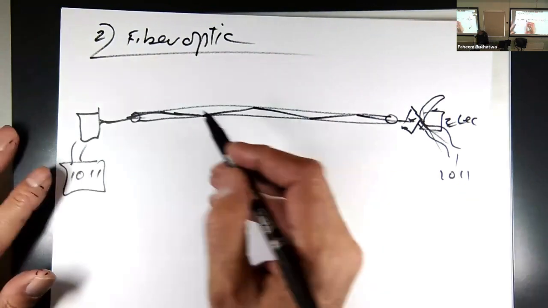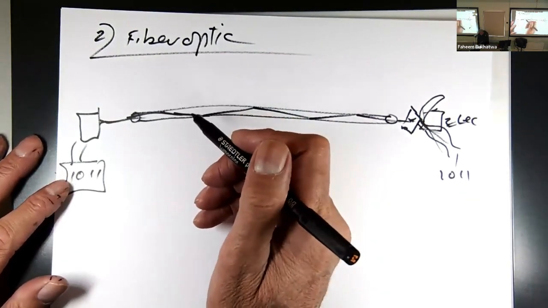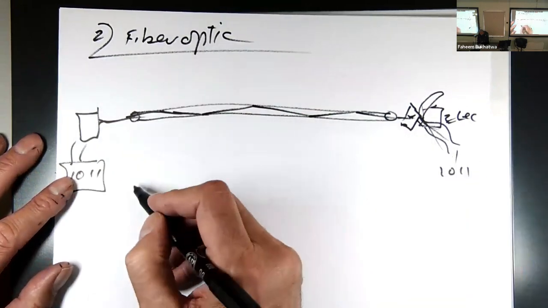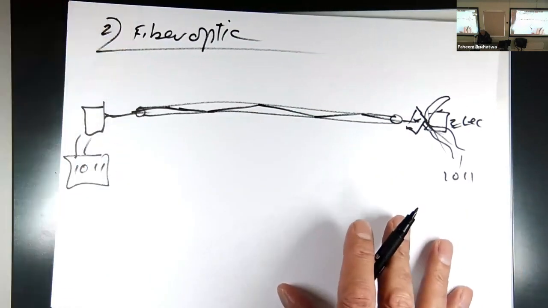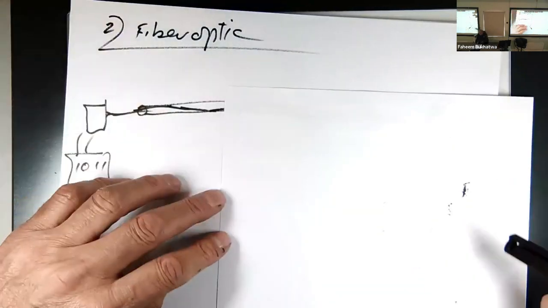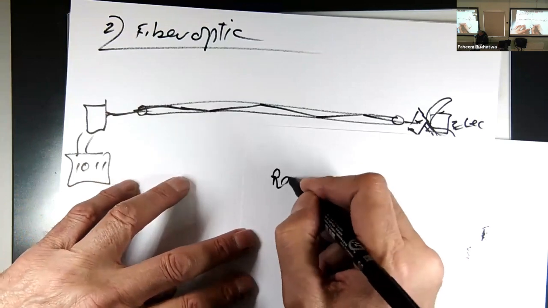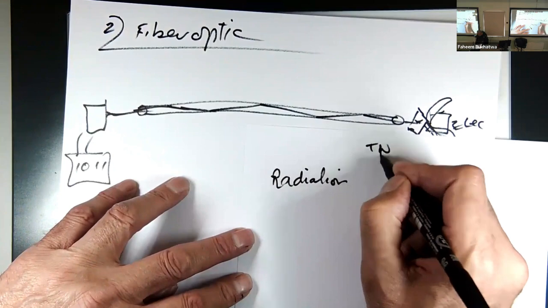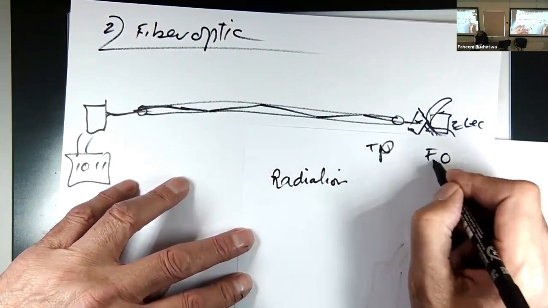So how good is that? One good thing about it, maybe I'll write those points down: electricity radiates, and I just want to compare twisted pair and fiber optic.